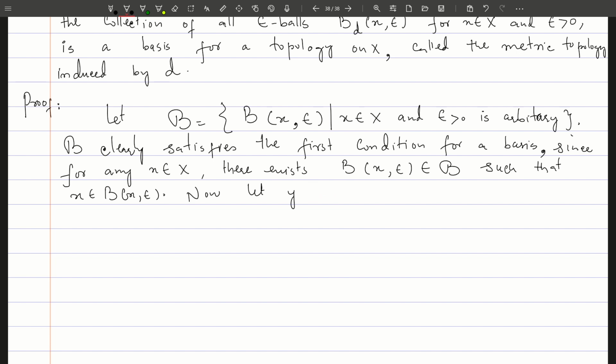Let y be any point of the set B(x, epsilon).